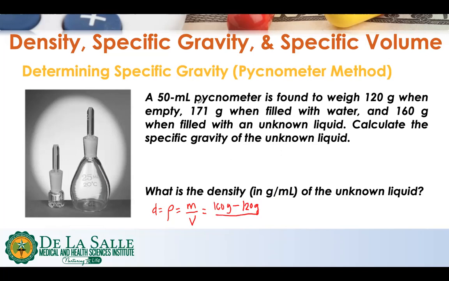Now, where are we going to get the volume? Because the picnometer has a capacity of 50 milliliters, the volume of any substance placed in it will be the same. It will be 50 milliliters. So, we can now determine the density as equal to 0.8 gram per ml. Take note that unlike specific gravity, density has a unit, that is 0.8 gram per ml.